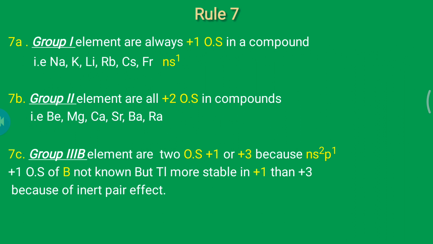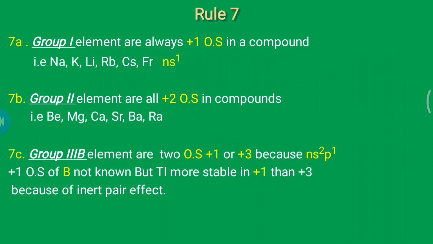The +1 oxidation state of boron is not known. Remember that point, most important. The +1 oxidation state of boron is not known, but thallium, Tl, is more stable in the +1 oxidation state than +3.